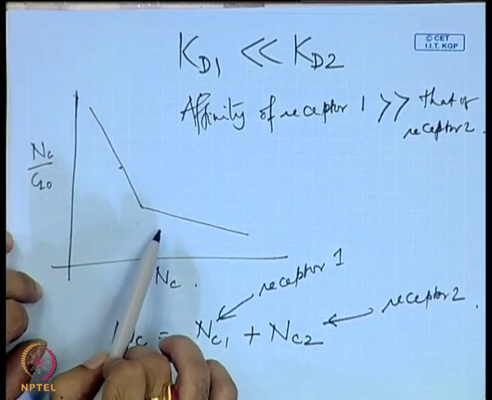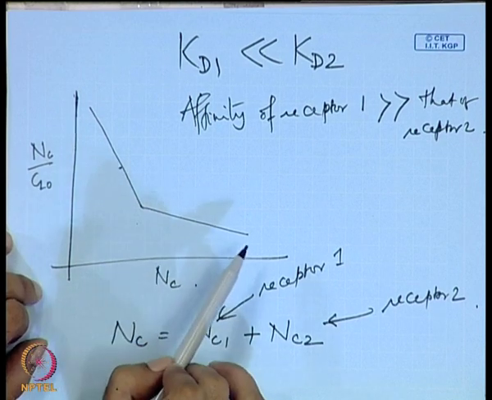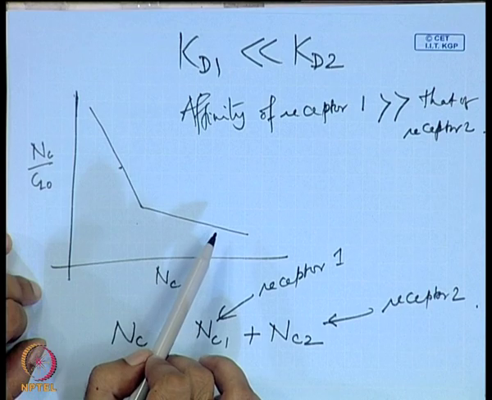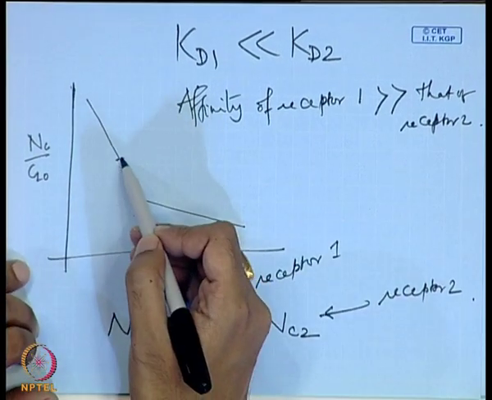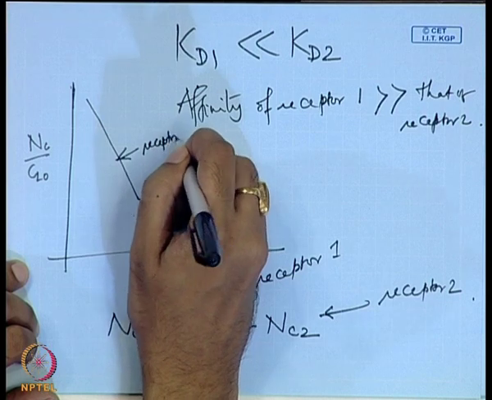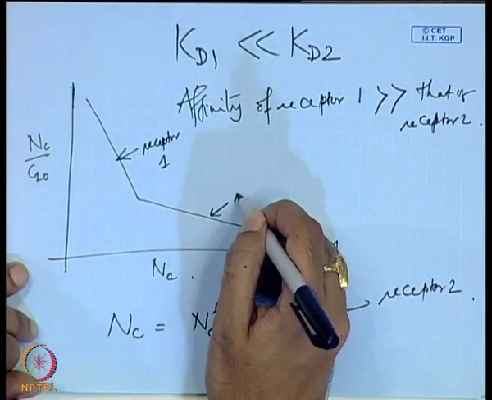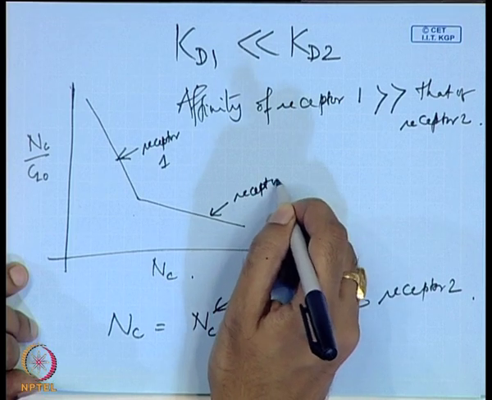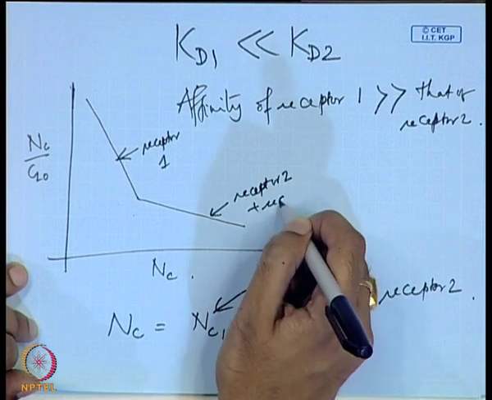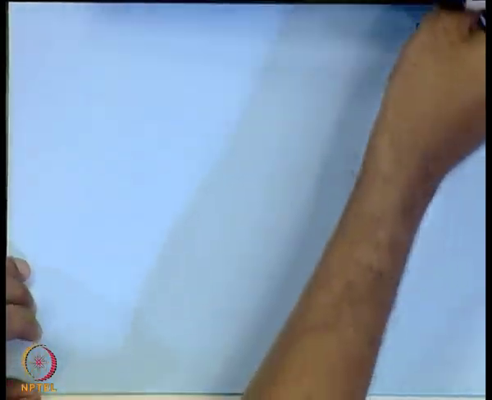Once receptor 1 is more or less saturated, and most of the receptors have bound to the ligand, only then does receptor 2 start to form. So you can exploit this: you can call this part almost receptor 1, and this would be primarily receptor 2, plus maybe receptor 1 also.